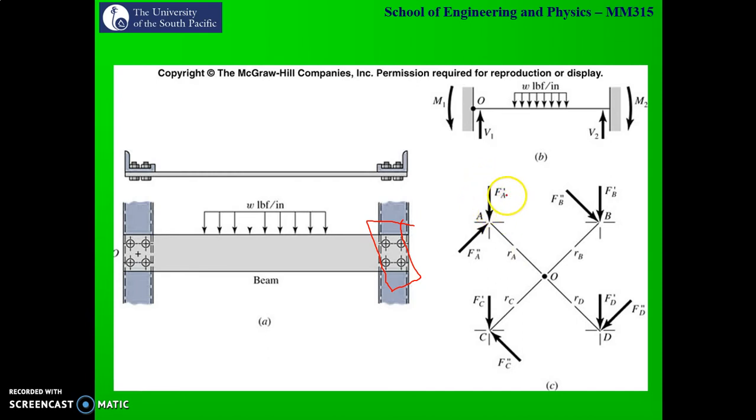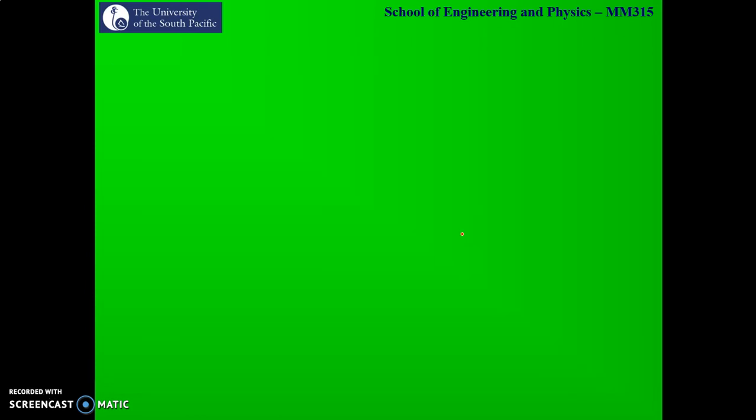One is the direct shear, which becomes your primary shear, and the other is due to the moment that is acting. So there is a moment about the centroid O, and this moment gives rise to a secondary shear, and the secondary shear will be calculated using appropriate formulas.